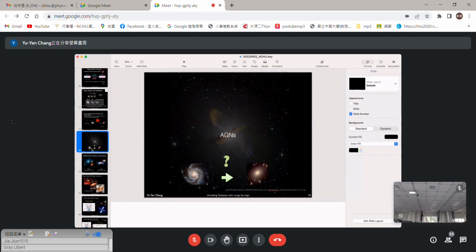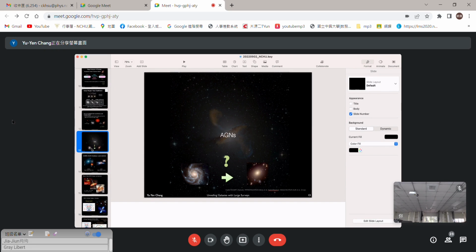It's a highly discussed scenario when people do simulation, because for massive galaxies, we don't see so many in observation, but in theory, we predict many more massive galaxies. So that's why people started to think AGN can be a reason to stop star formation.